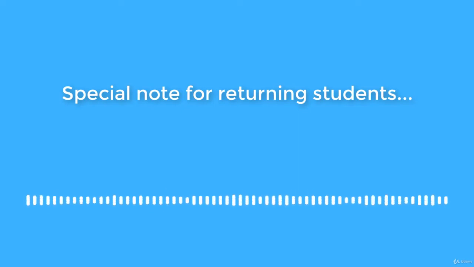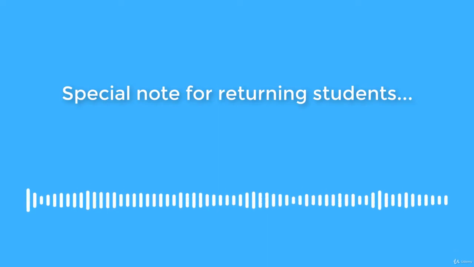This way, if you have taken any of our other courses, then you can simply skip over the repetitive information so that you don't have to waste time on learning something that you already know about. But if you haven't taken any of our other courses, then you should not skip over anything and you should watch every single lesson in this course. So with that being said, let us move on forward.